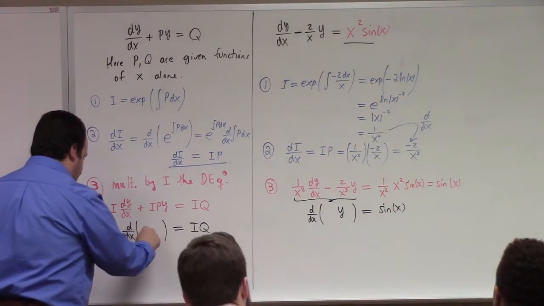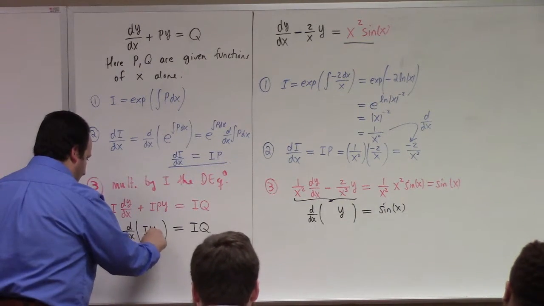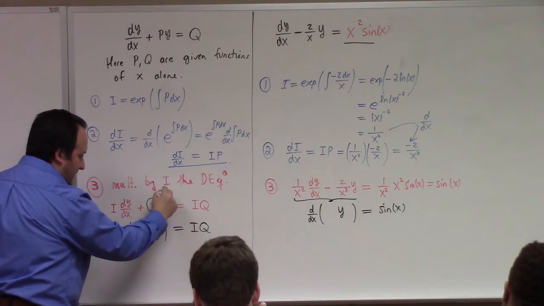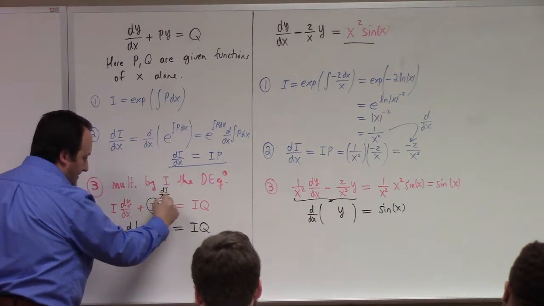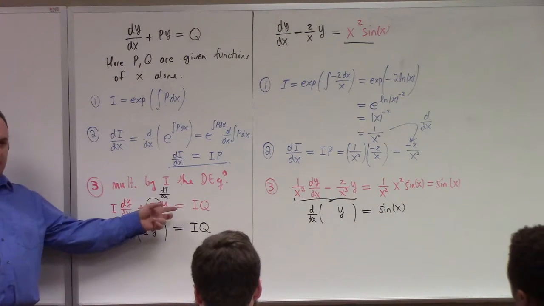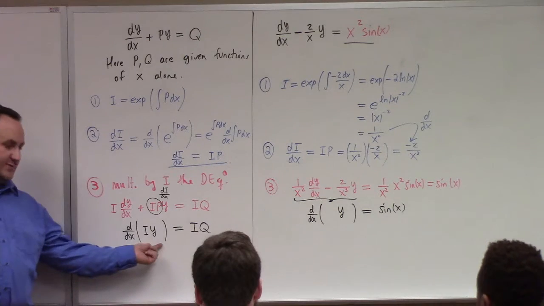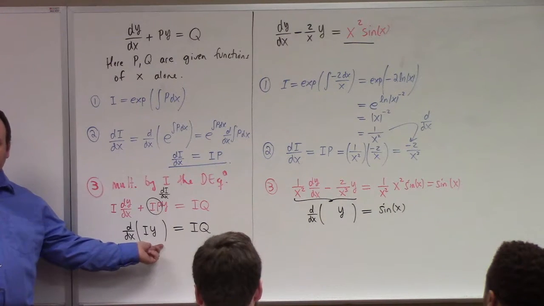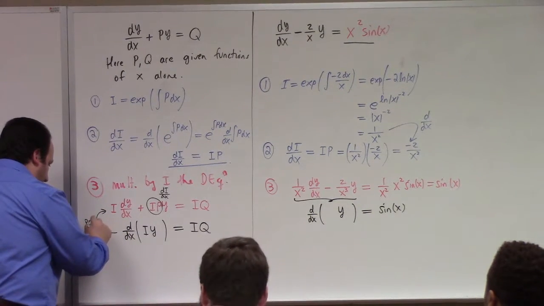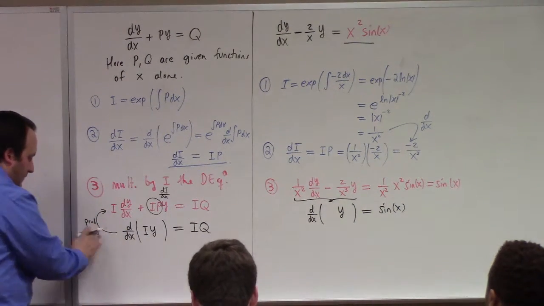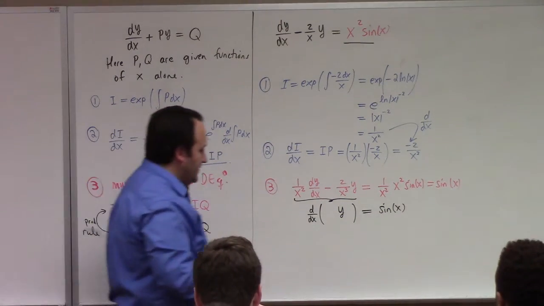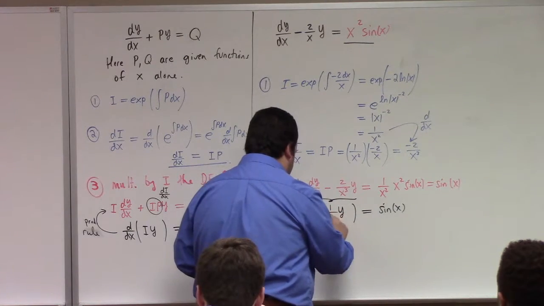So over here, how about this? I times y. See, because this Ip is really dI/dx, right? So you're looking at I dy/dx plus dI/dx times y. That's the derivative of I times y with respect to x by the product rule. So this is product rule. Over here, it's 1 over x squared times y, right?